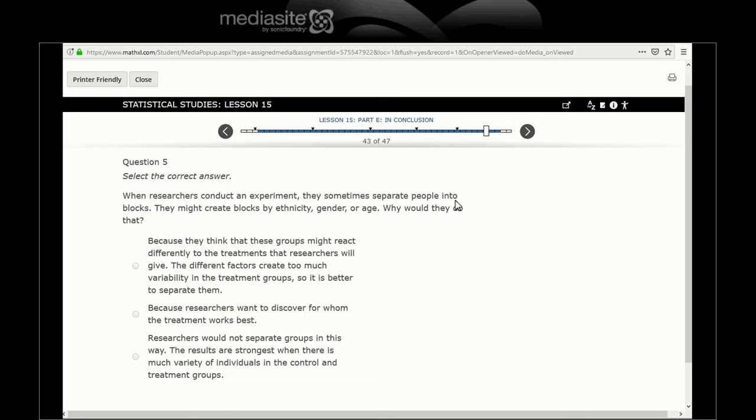Researchers will not separate groups in this way. The results are strongest when there is much variety of individuals in the control and treatment group. We want to minimize variability. I do recall this was basically a statement from one of the earlier tutorials.